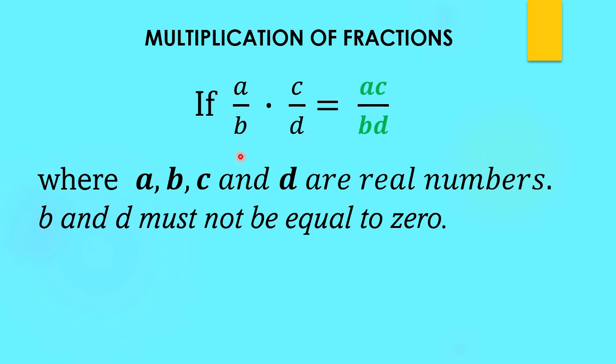So if A over B times C over D, what will be the product? The product will be AC over BD.